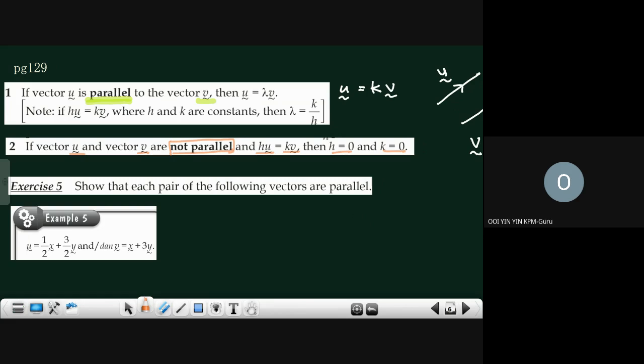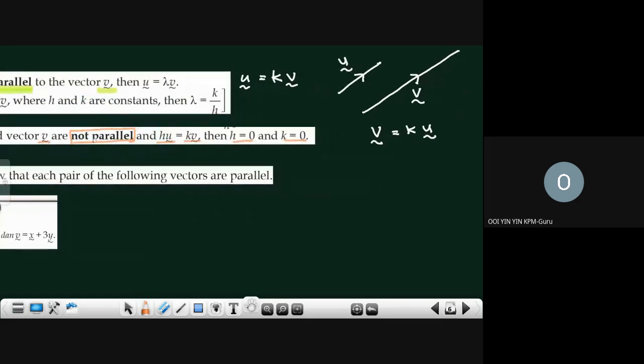Okay, it means that just now I said if they are parallel they can be written in this form, right? If they are not parallel, actually they cannot be written in this form, right? If it cannot be written in this form, that means your h or your k will be 0.